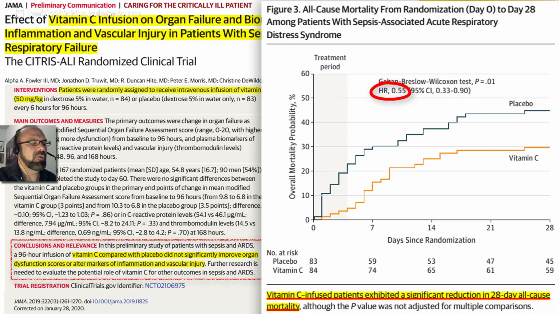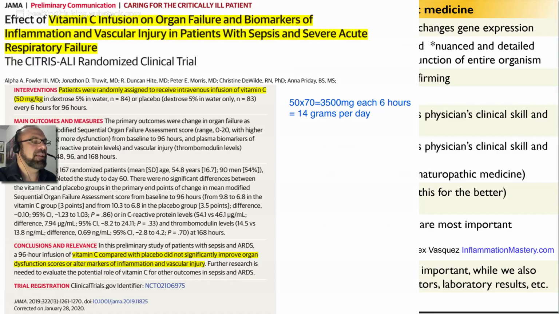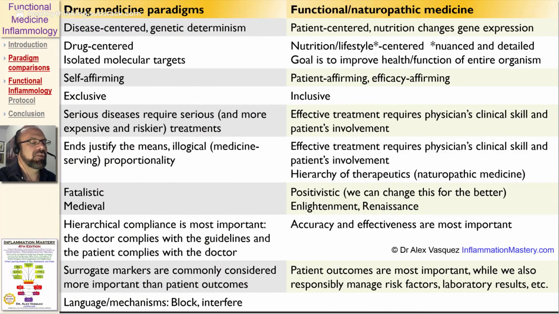Also, you'll notice that the language of the interventions used in medicine are very different from the language that we use in naturopathic and functional medicine. In so-called conventional or drug-based medicine, we block receptors, we block enzymes, and we interfere with pathways. Whereas in naturopathic and functional medicine, we support processes and we improve physiologic function.